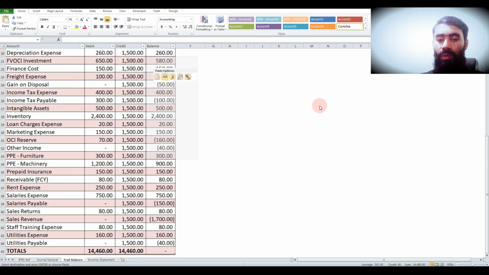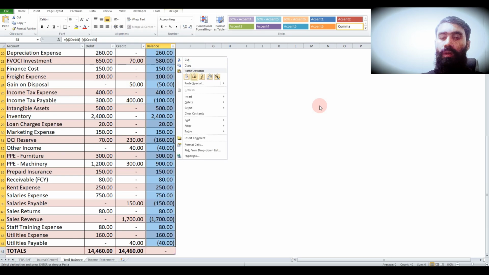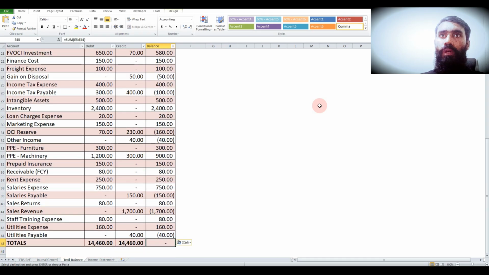Copy and paste the formula here. Now here debit minus credit, copy and paste the formula here.